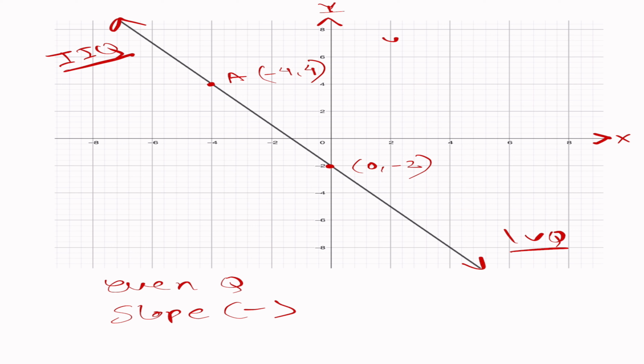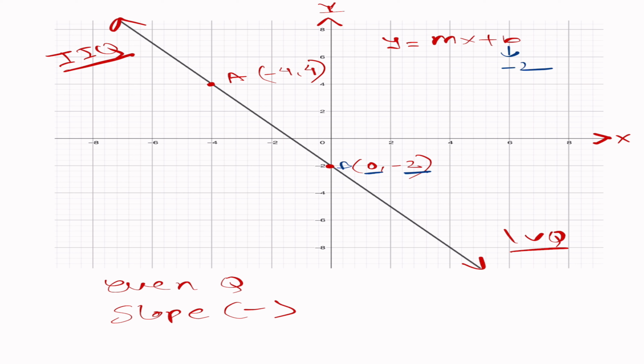Now we write the equation y equals mx plus b. Here b is simply -2, since b is the y-intercept, which is when x is 0. So b is -2.